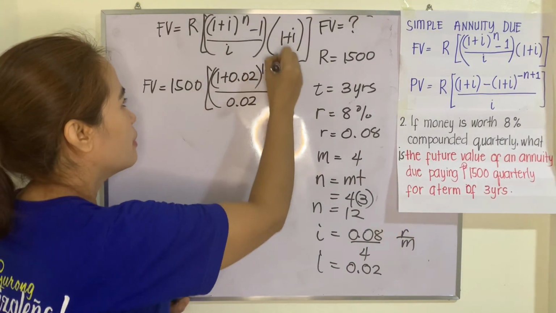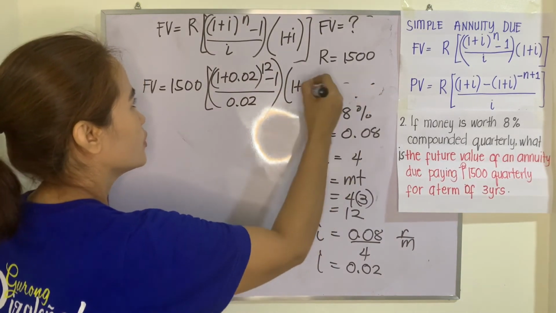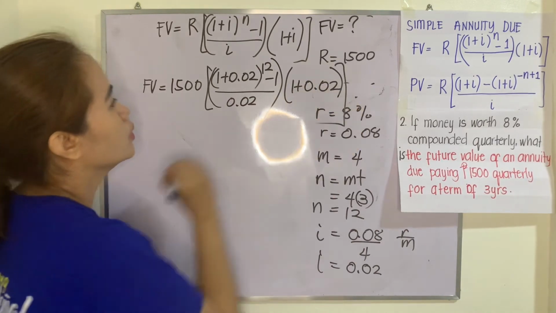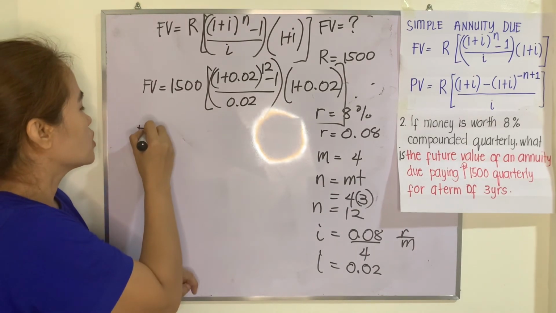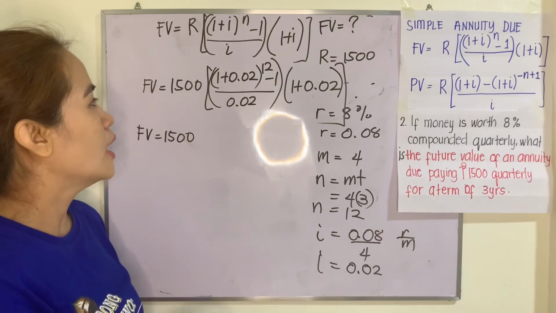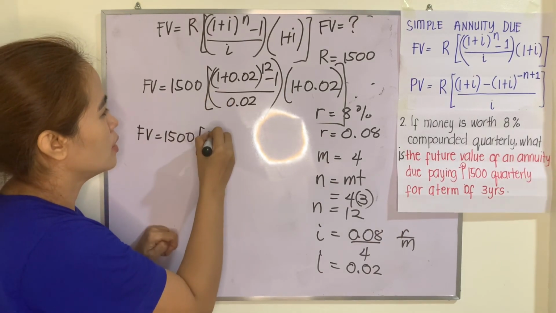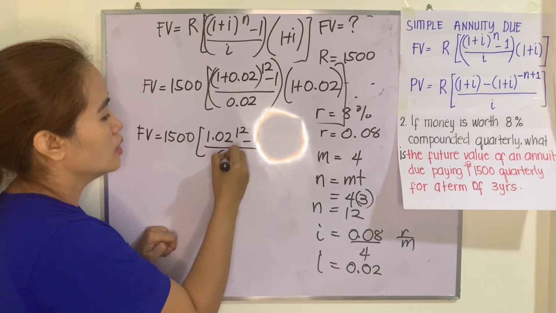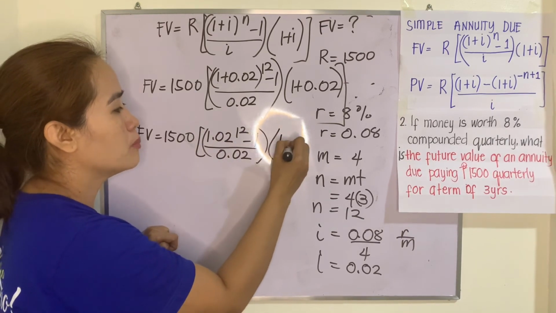Multiply it by 1 plus 0.02. Okay. So, first, of course, you need to calculate this one. How? 1 plus 0.02 is 1.02 raised to 12 minus 1 divided by 0.02. Multiply it by 1.02.